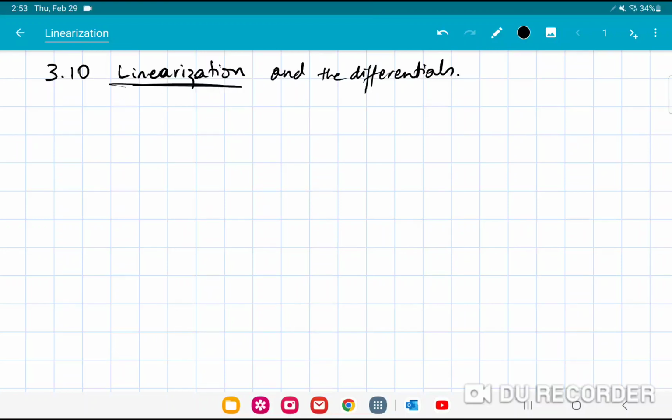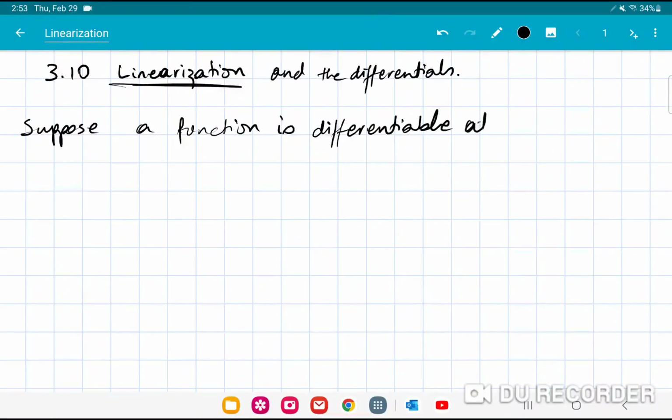So what we're going to have is a function that is differentiable at a point A. I will give you just a formula and give you an example before I explain what that linearization is.